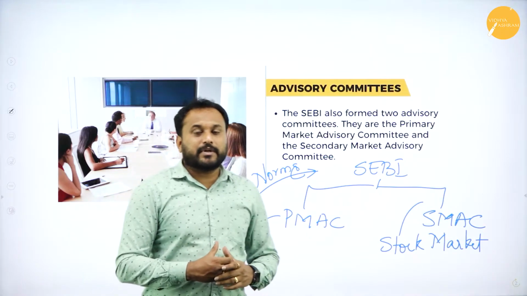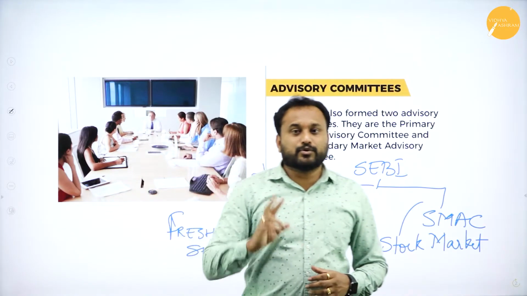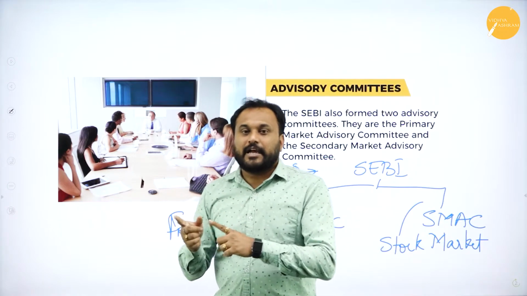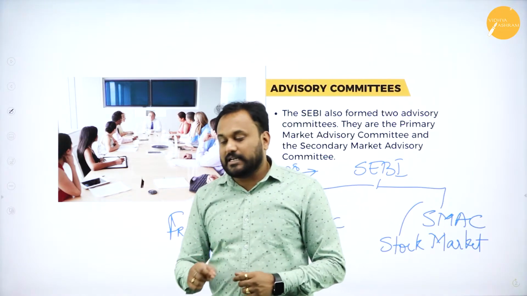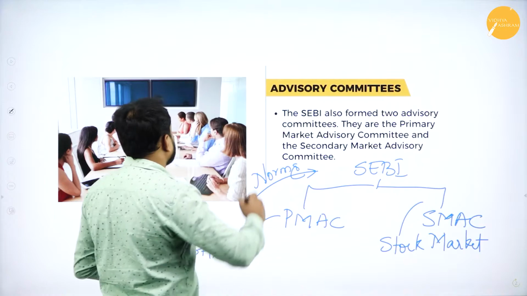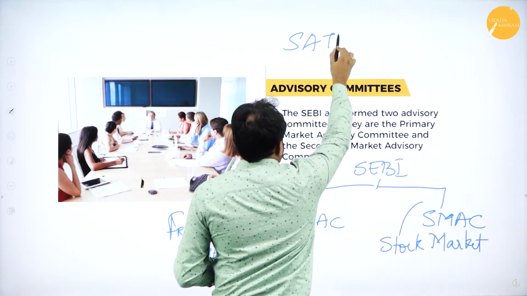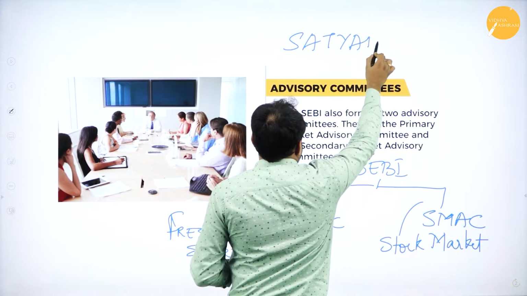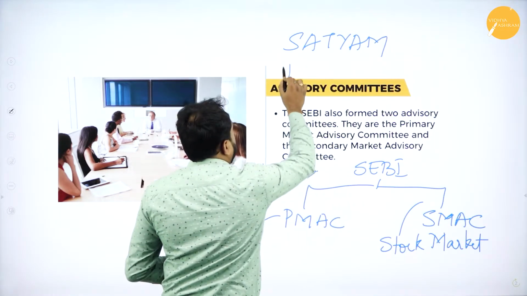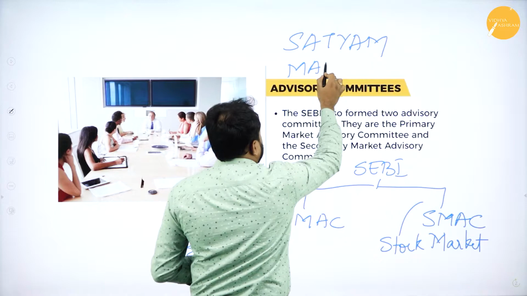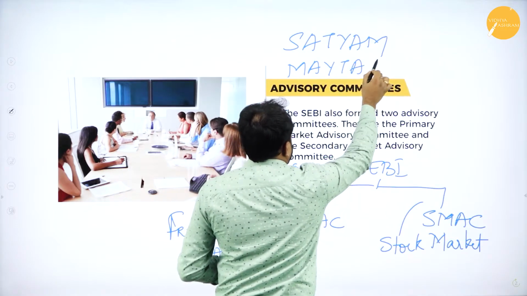So they went with a proper scrutiny of two companies, that is, one is Satyam and another was Maytas. Please understand Satyam and Maytas here. The word Satyam, and the opposite of it, say Maytas, right?